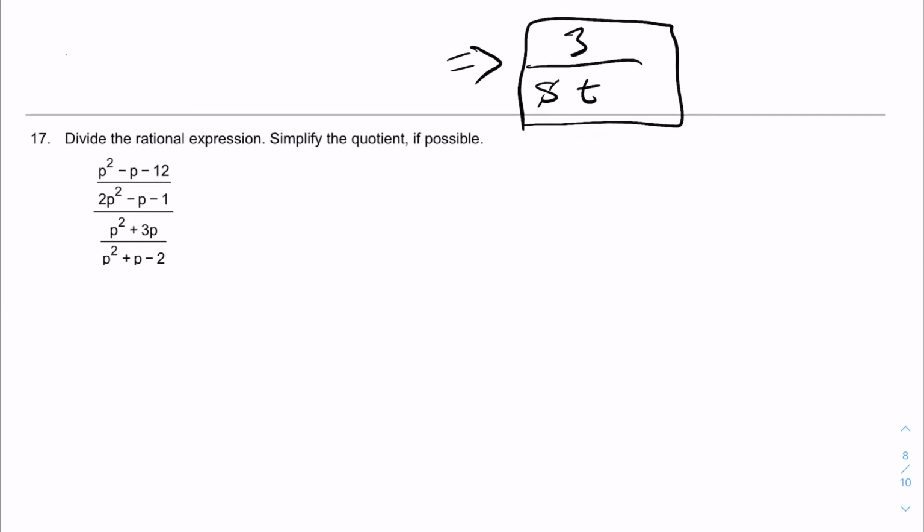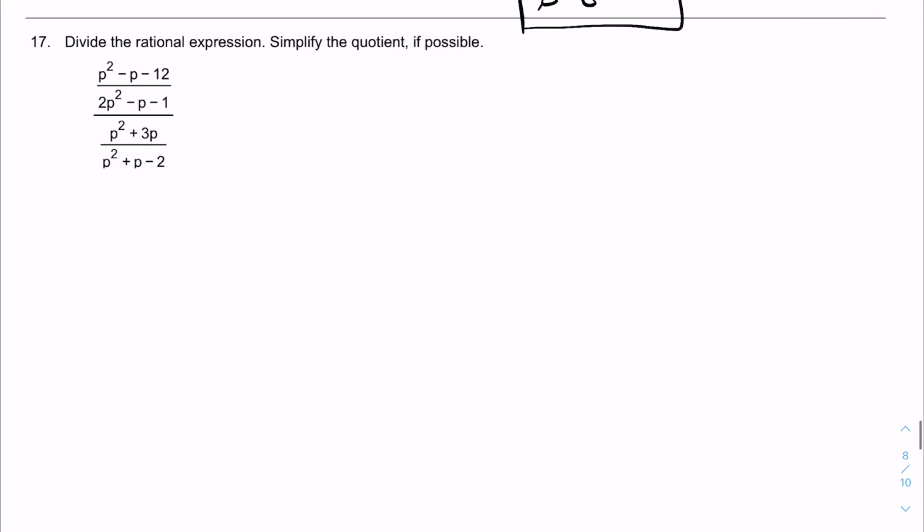Number 17, once again, is the same type of problem. We're dividing rational expressions. How do you divide rational expressions? Well, you multiply by the reciprocal, which is flipping it. So let's give ourselves a setup here. I gave myself lots of space because I could see this could take some space.